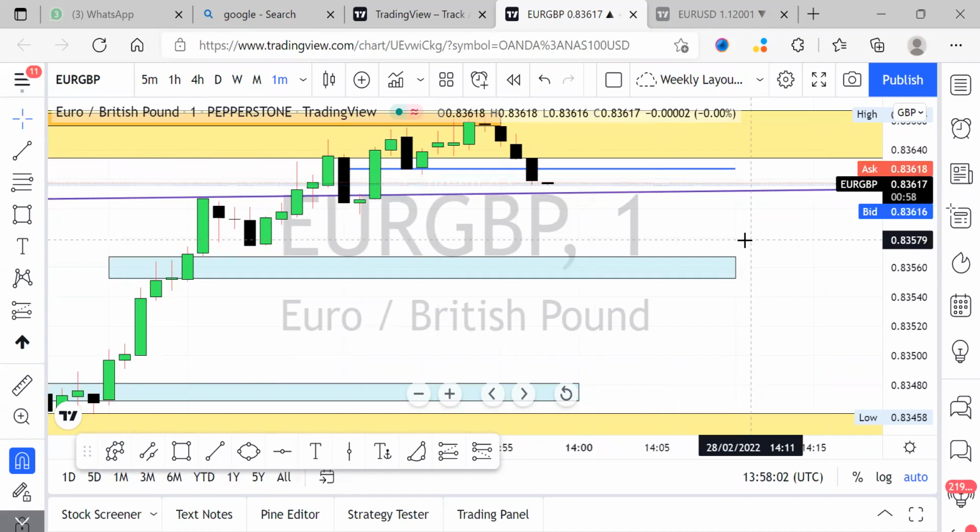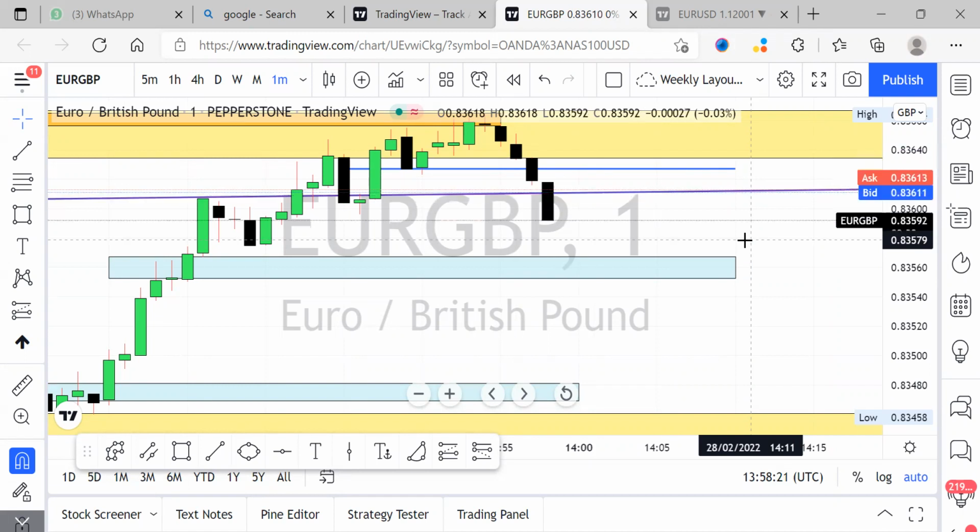Right, so that was the first one that penetrated it. We do not enter here. We need to see what happens with this candle. Does this make a lower low or not? If this makes a lower low, this would be the entry point after this candle.